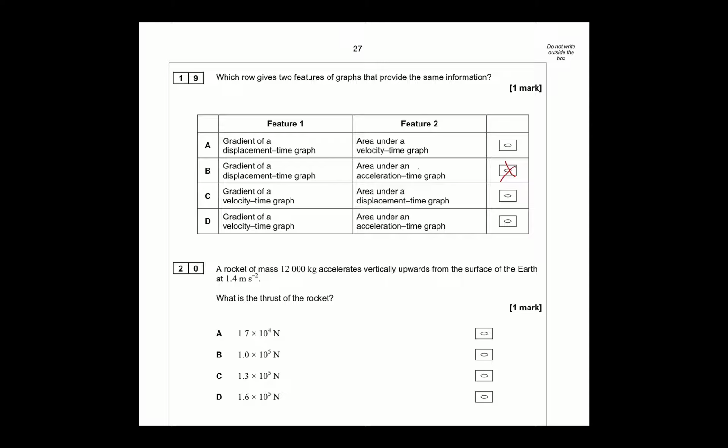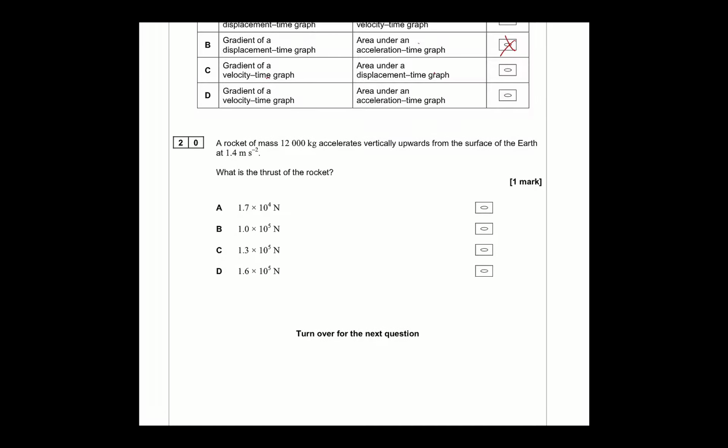Because acceleration times time is velocity. Displacement divided by time is velocity. This gives acceleration. This doesn't give anything. That gives meter seconds. Acceleration, velocity. So yeah, it's got to be 19b.